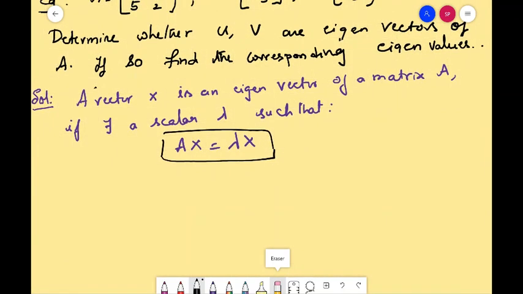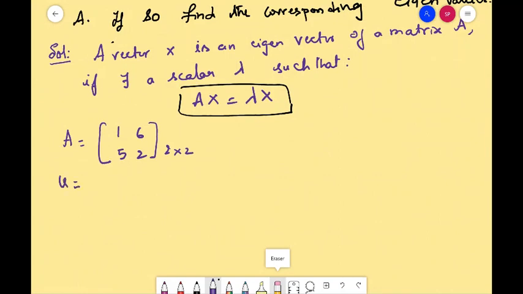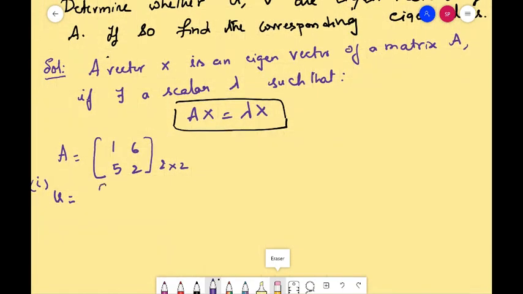So here the matrix given is A equal to [1 6; 5 2], a 2 by 2 matrix, and a vector u. First let us look at the first vector, which is [6, -5].